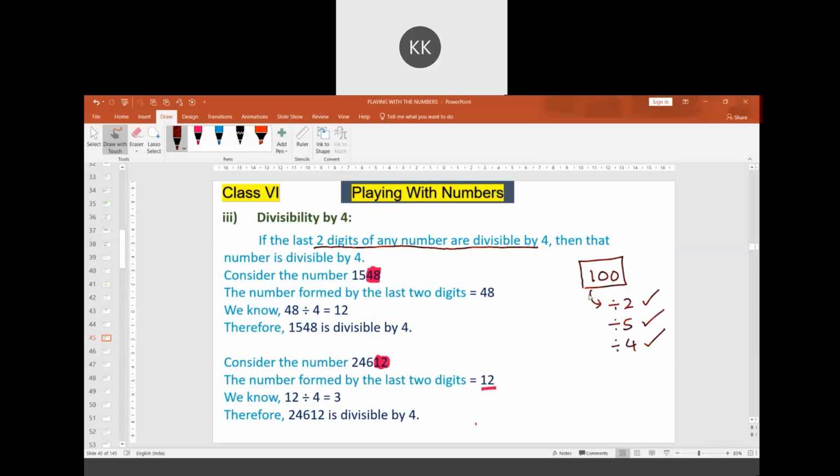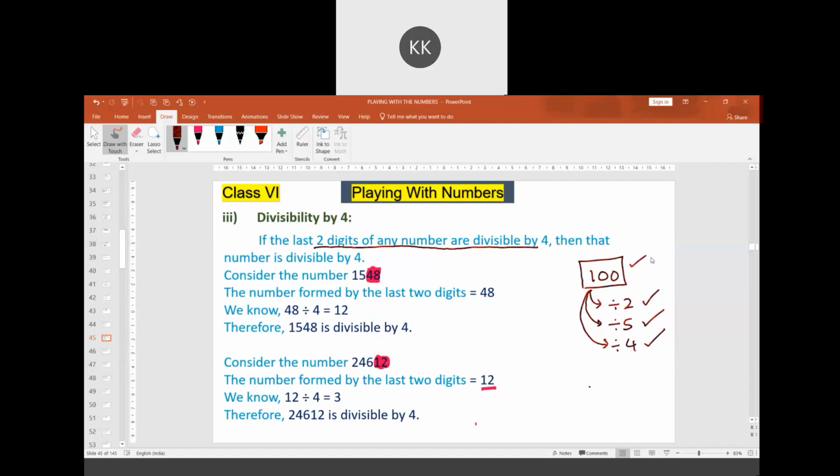What is the doubt? Sir, no doubt, sir. I was asking that when the last two digits are 00, you all know that it is an even number.